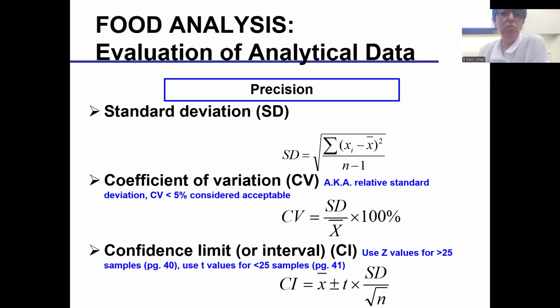You have that value, t times the standard deviation. You can do it right now. So 4.3 times 0.0019 over the square root of 2. What do you get on your calculator?